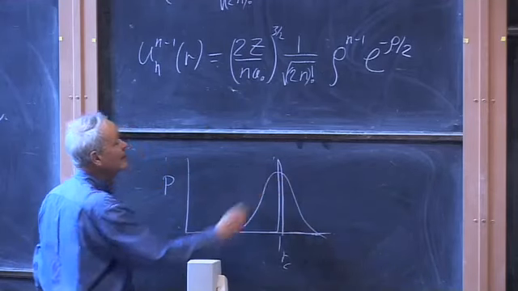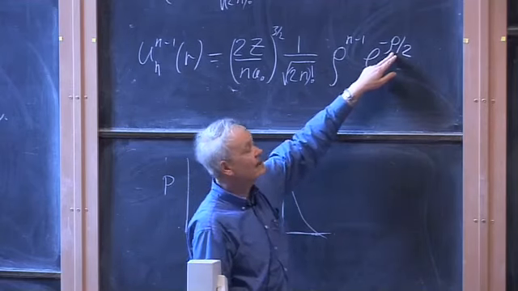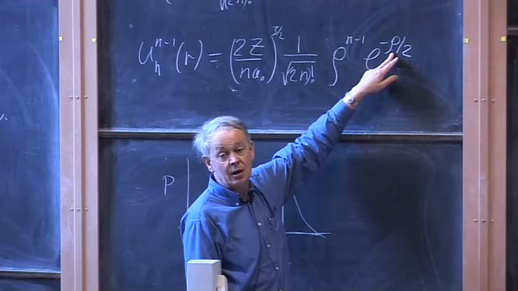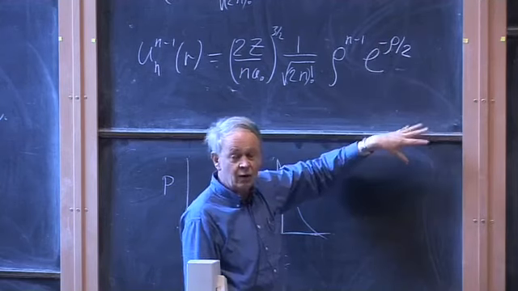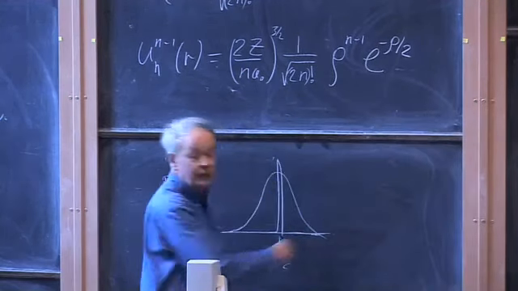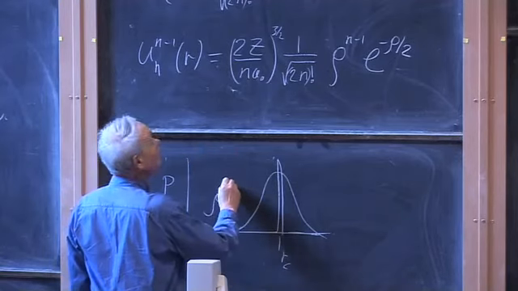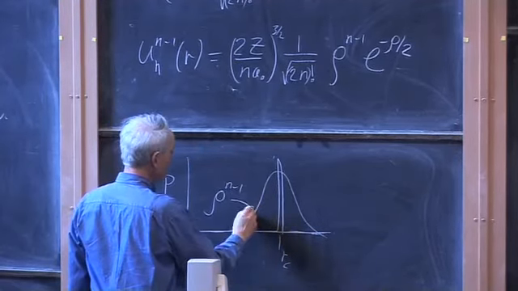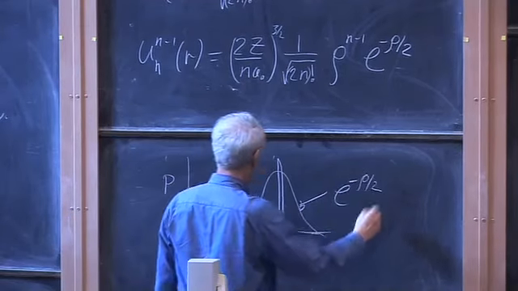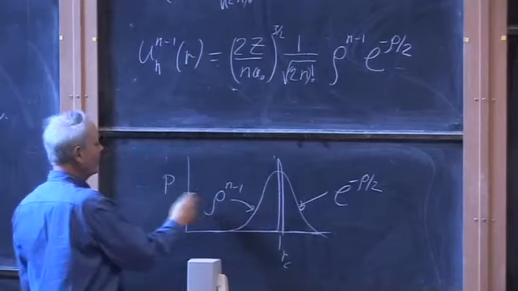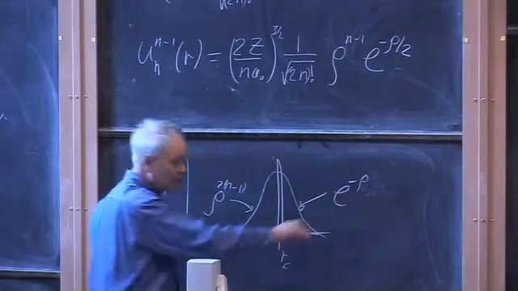It would then rise, and when rho became on the order of 1, this exponential, which previously had been harmless, being e to the minus something small, would become a vicious cutting off thing, and that's how we get cut off on this side here. So here we're looking at rho to the n minus 1 growth, and here at e to the minus rho over 2. Well, if this is the probability, then we need to square up, right? And this is an exponential decline.